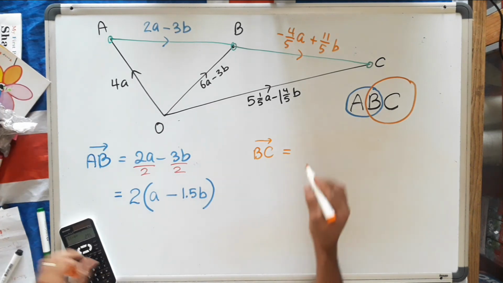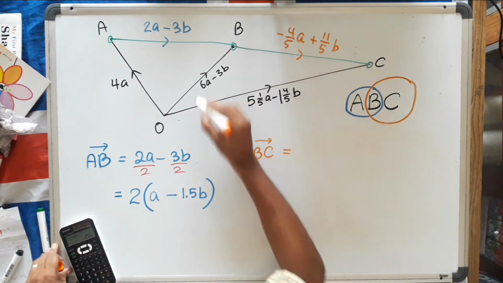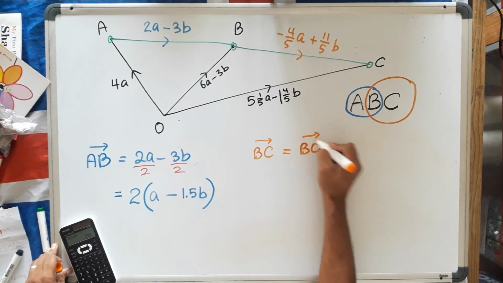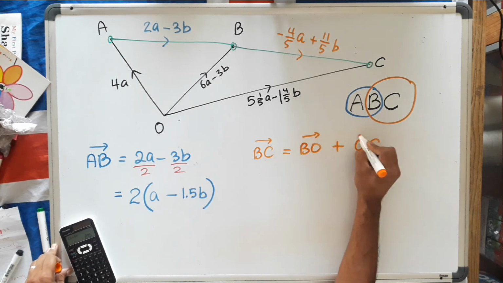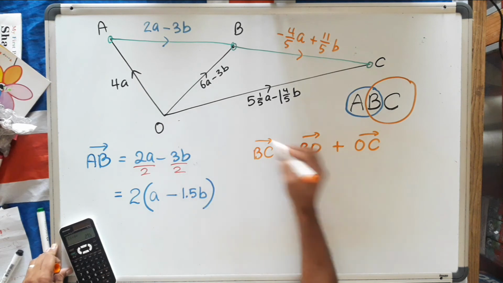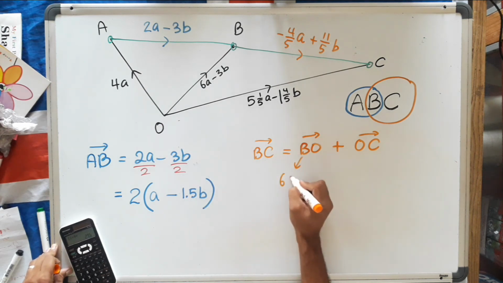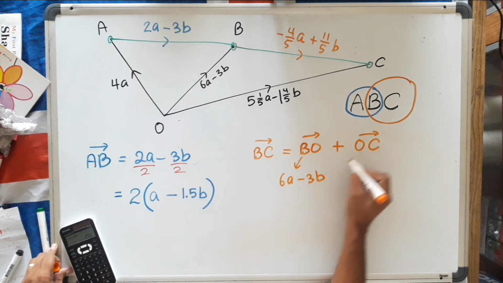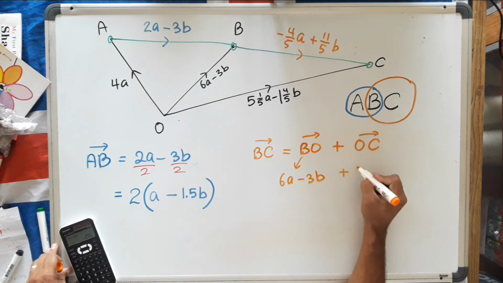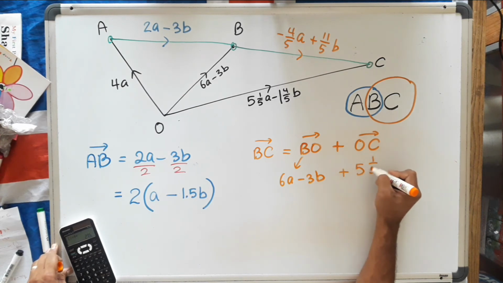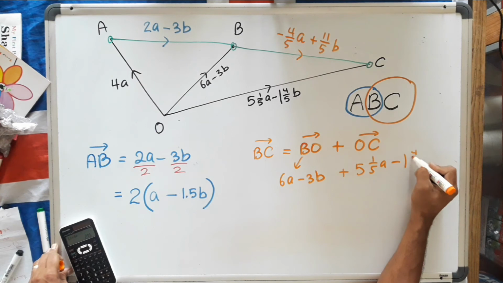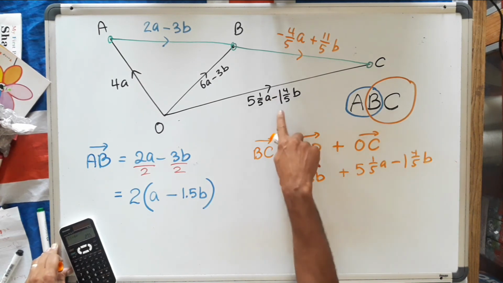BC. From B to O and then O to C. B to O is 6A minus 3B. OC is 5 and 1/5 A minus 1 and 4/5 B. Right? I'm just adding the 1 here.